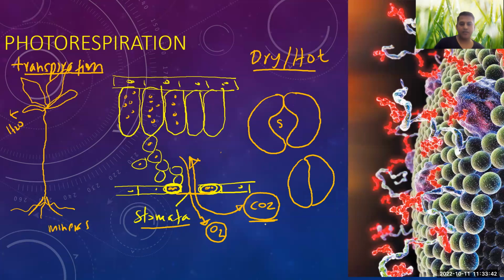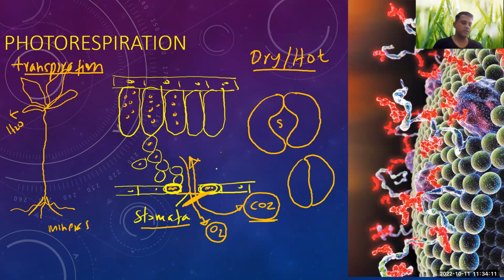When the stomata is closed, carbon dioxide cannot enter. Photosynthesis can still take place with the available carbon dioxide. Whatever carbon dioxide entered can be used for photosynthesis, but largely new molecules are not coming in.